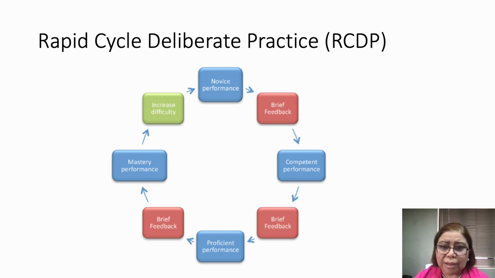Here, there is deliberate practice, meaning you are practicing with a clear awareness of the specific components of a skill that you are aiming to improve and exactly how to improve them. So you look at the loop, it's an iterative loop where you try to improve until you become a master.